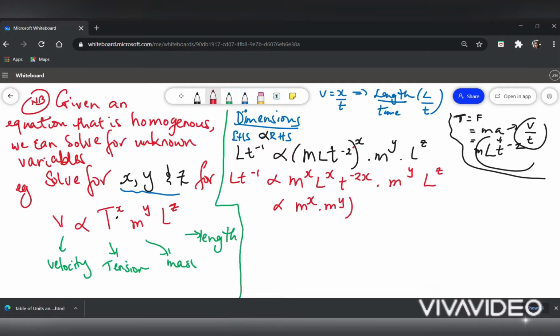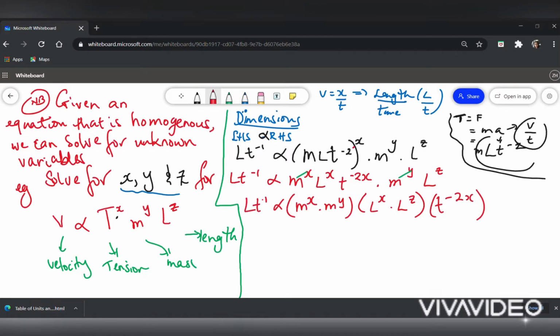I'm going to put a bracket around it so you'll know that we already used it. If you think you're going to forget, you can cross them out. Not to say that they cancel off, but just to note that they are being used. So bringing L together, L to the power of x multiplied by L to the power of z, brackets again, and we just have one T value, which is T to the power, still in brackets, minus 2x.